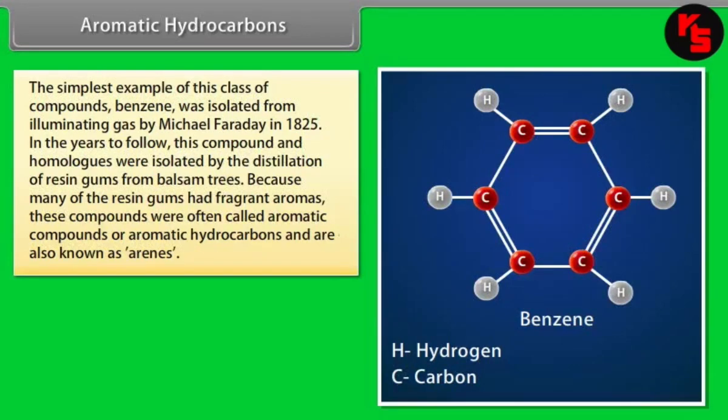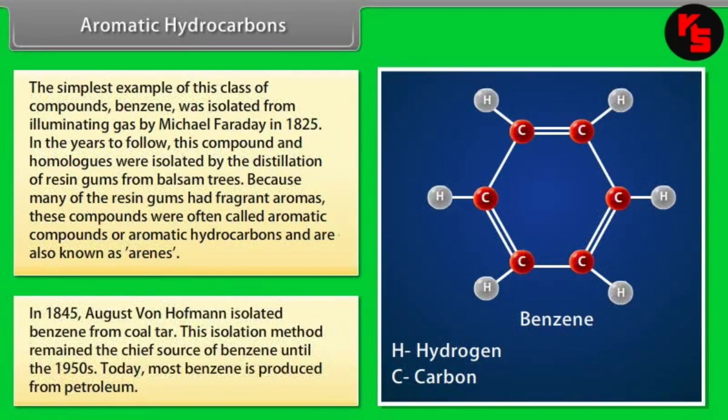In the years to follow, this compound and homologues were isolated by the distillation of resin gums from balsam trees. Because many of the resin gums had fragrant aromas, these compounds were often called aromatic compounds or aromatic hydrocarbons and are also known as arenes.